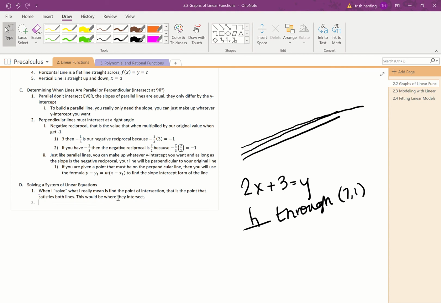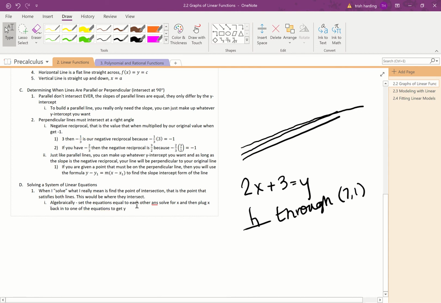So to find the solution algebraically, you just set the equations equal to each other, and you're going to solve for x and then plug x back into one of the equations to get y.